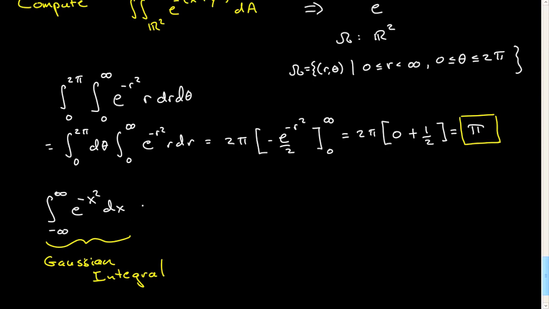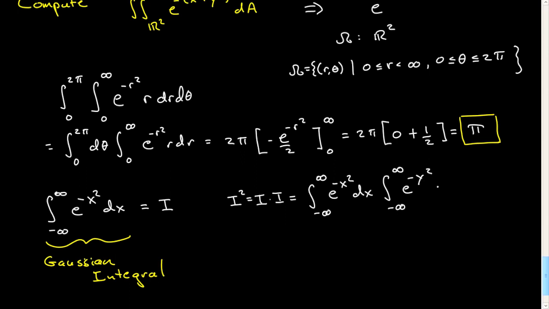But what you can do is just call this integral I, and then notice that we can write I squared, I times I, as the product of two of these integrals, from minus infinity to infinity of e to the minus x squared dx, times another one. Now I'm going to give this variable a different name, y, dy.